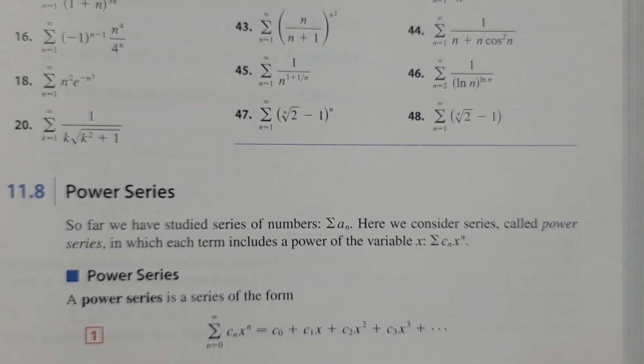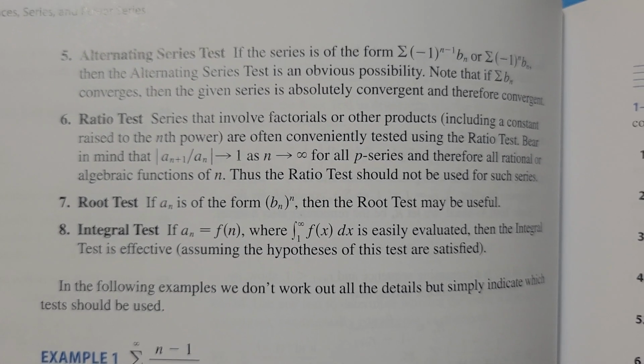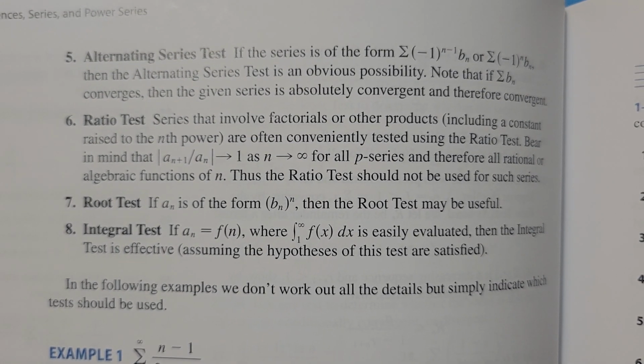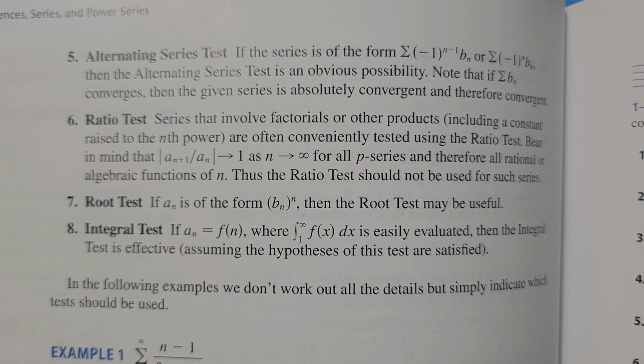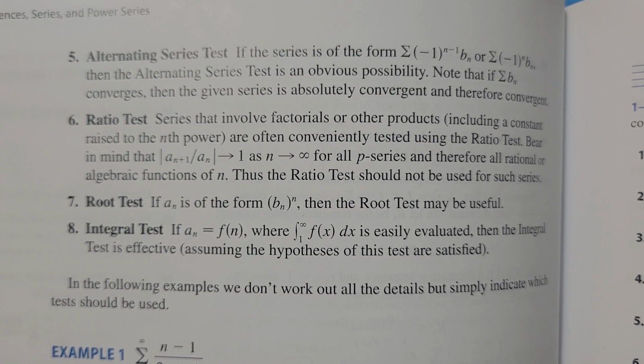Okay, and then on the next page, alternating series test. So if you have anything involving a -1 to the n or a -1 to the n minus 1, the first thing that I'm thinking of is obviously an alternating series. And so the alternating series test can be used.